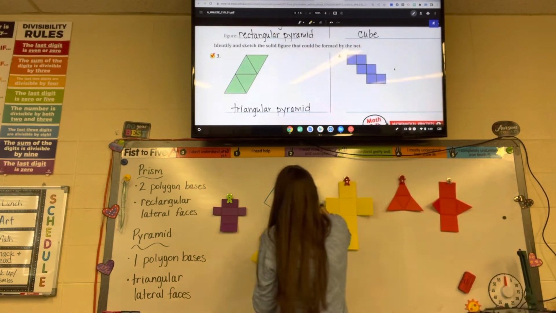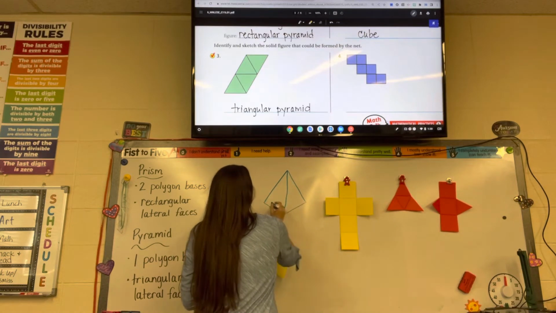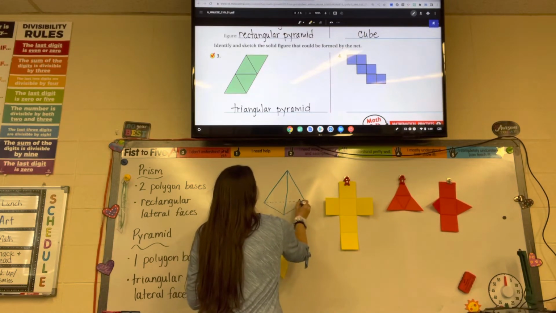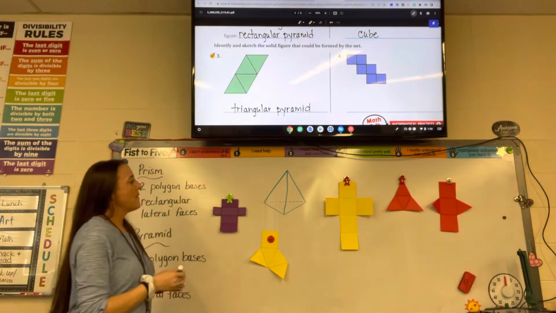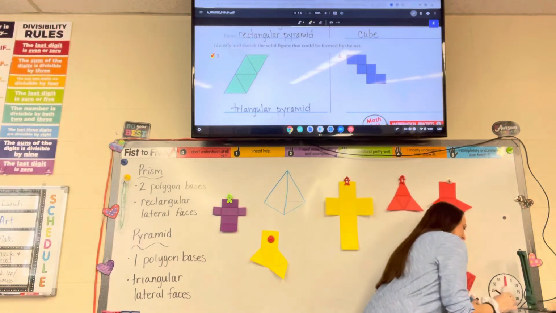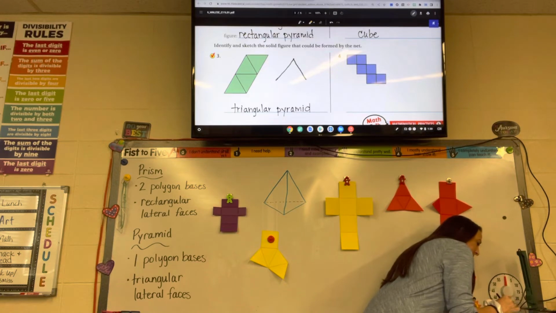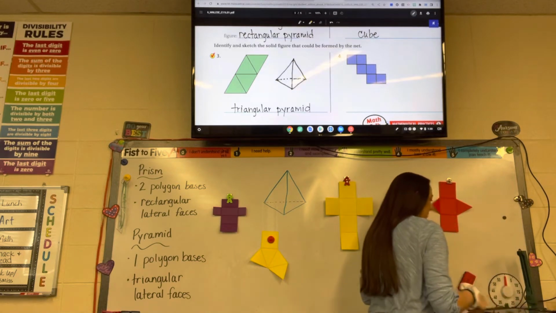So a straight line from top to bottom, and then a dotted line across. Okay. So long line, short line, solid line, dotted line. Okay, triangular pyramid.